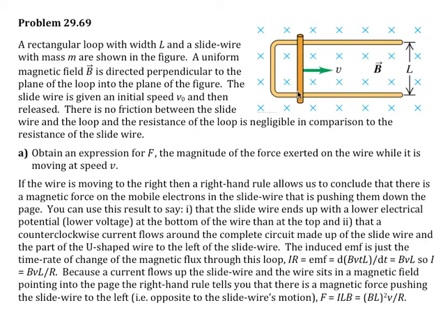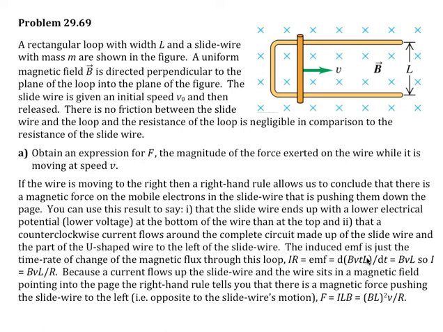Of course, you could have concluded the same thing by thinking about Faraday's law, thinking about the change in magnetic flux through this loop, and you would have gotten the same result. Down here I've written this out. The EMF induced in the loop is the time rate of change of the magnetic flux, B times the area.